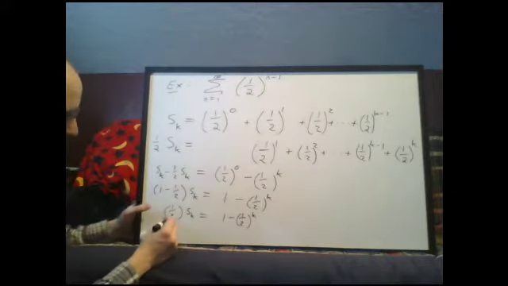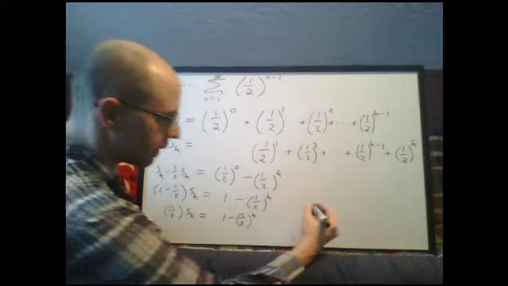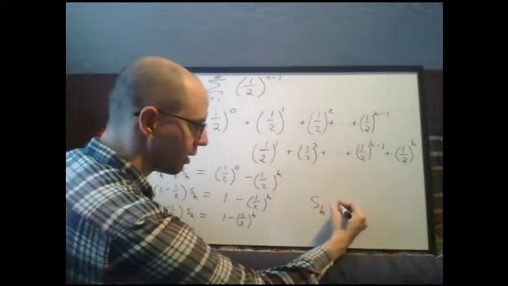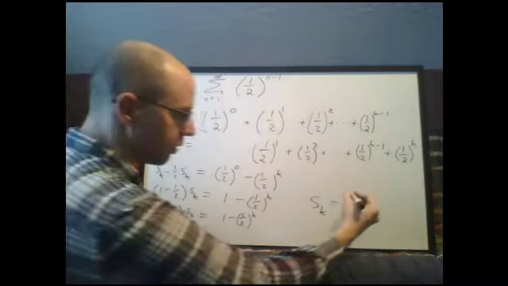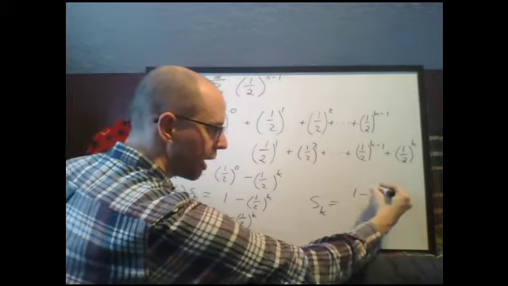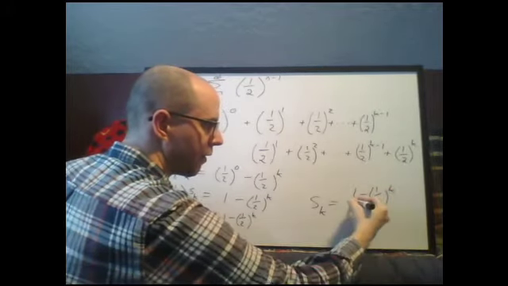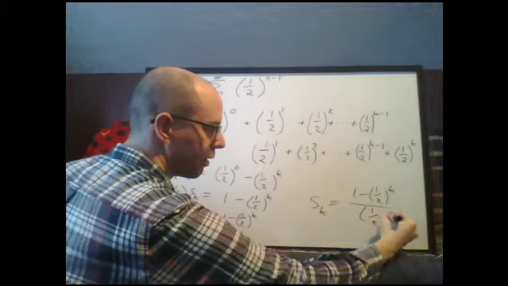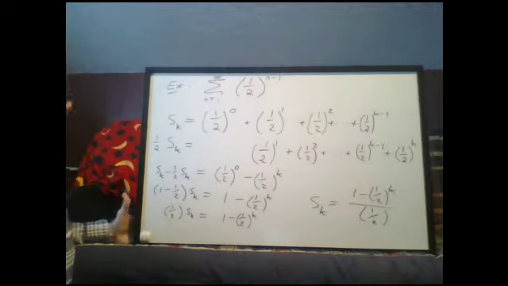And so we can divide by 1/2, or multiply by 2, to get a formula for S_k. S_k will equal (1 minus 1/2 to the k) divided by 1/2. Right?